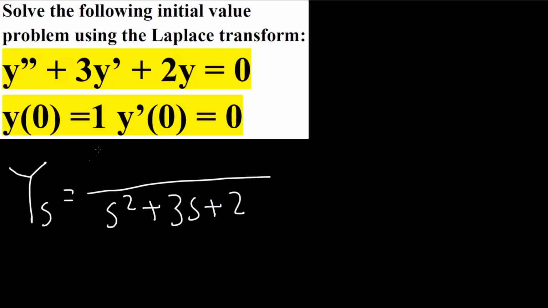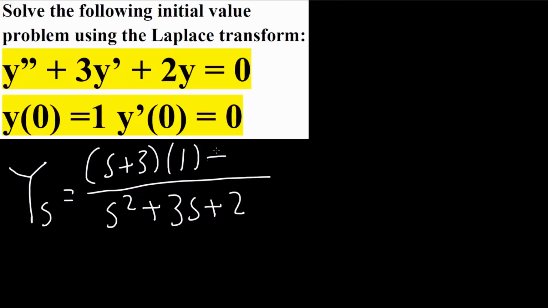And in the numerator, we first ignore this plus 2, and we focus on s squared plus 3s, and we divide by s. So dividing s squared plus 3s by s, we would get s plus 3, and in the next line, we multiply this by this number right here, y(0), which is equal to 1. So we multiply by this 1.